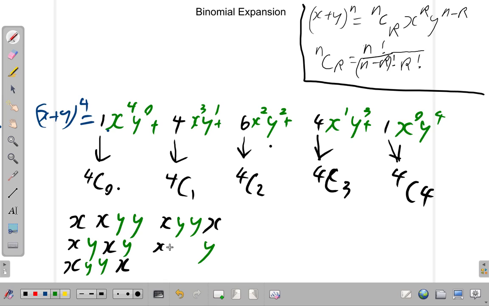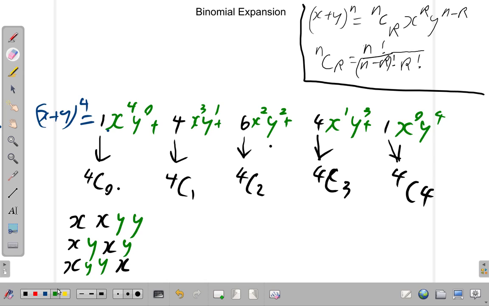So we already have starting with x and ending with y. This is covered. xy, yx. We have where we start with x and end with x. This xy, yx is the same as this xy, yx. Now, we started with x and ended with x. We started with x and ended with y.